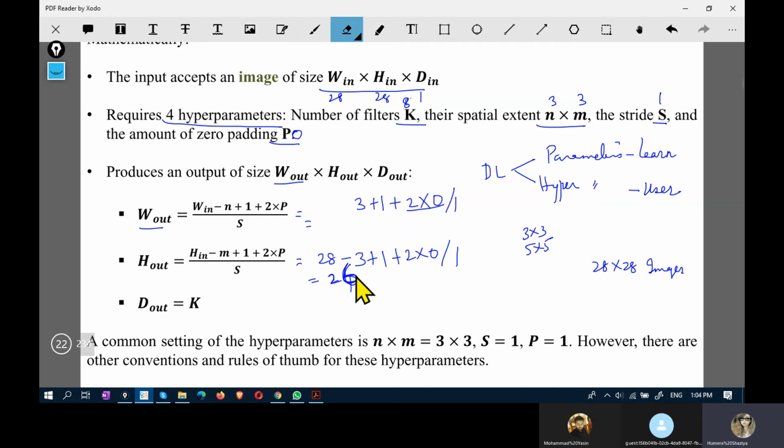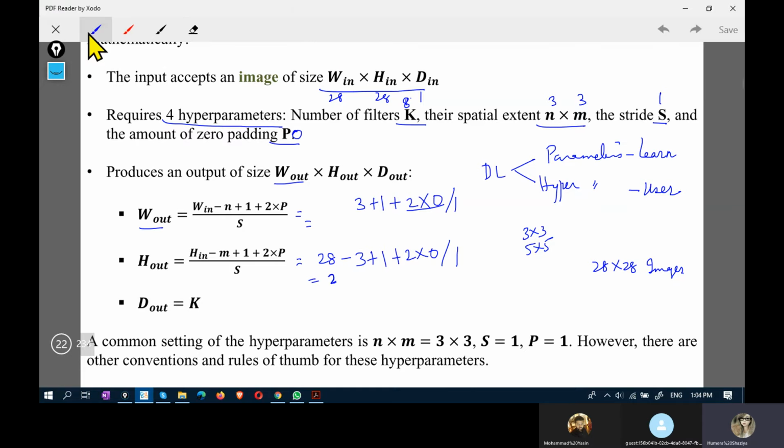Students, you should tell me, please. 28 is the input image width, minus 3 is the filter size.